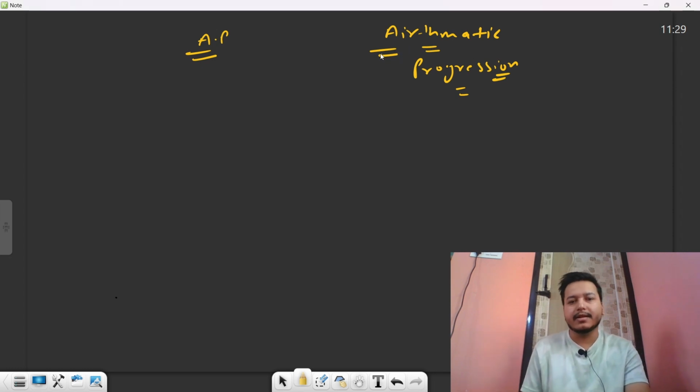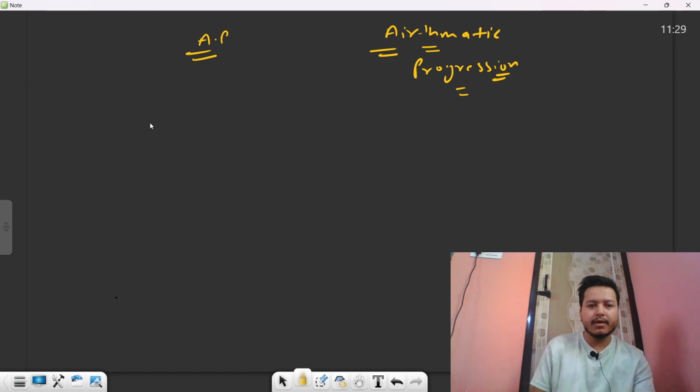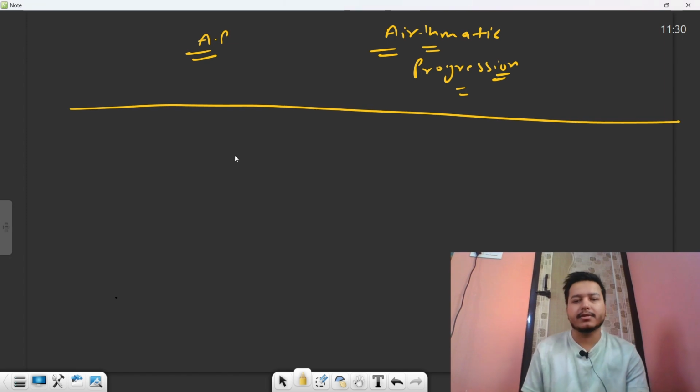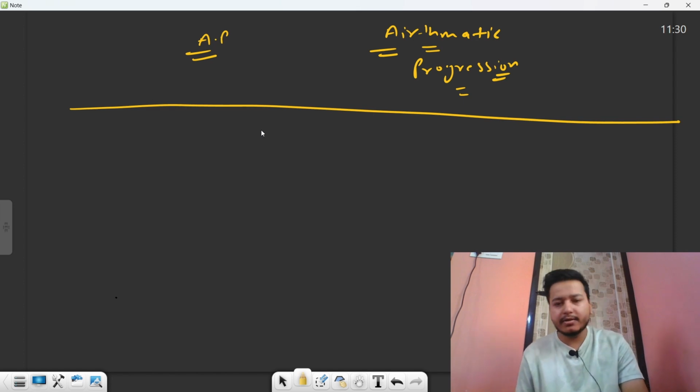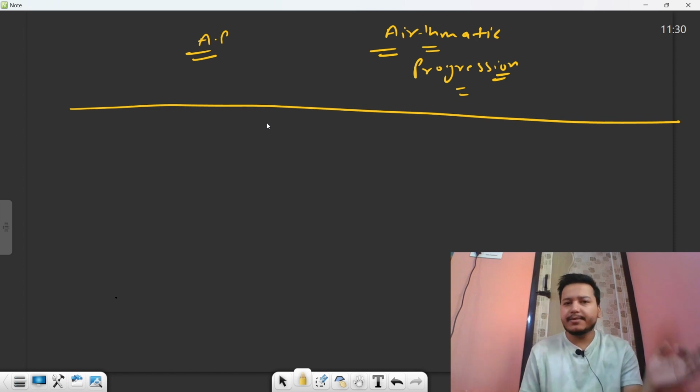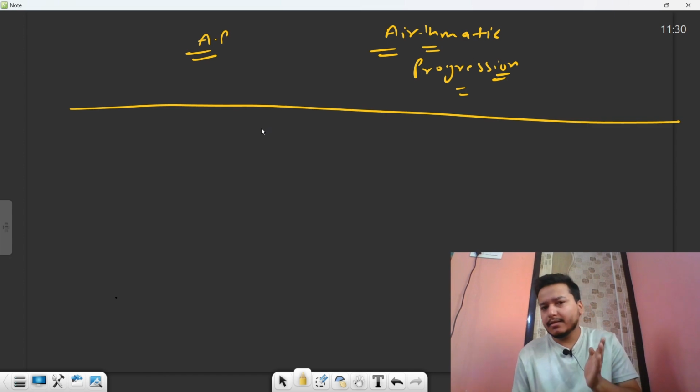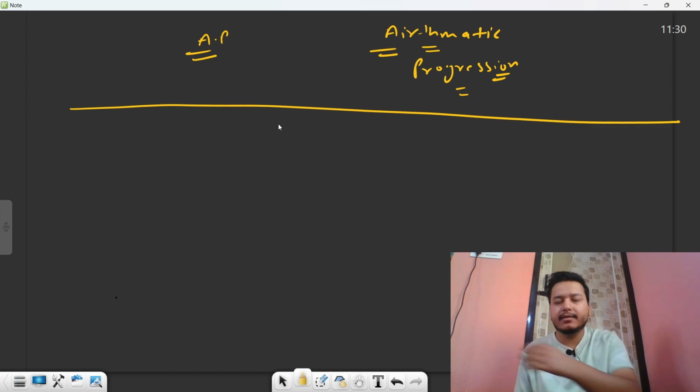What this really is. So arithmetic progression is nothing but a sequence of numbers. We see many types of numbers around us, and certain numbers have a certain pattern in them.